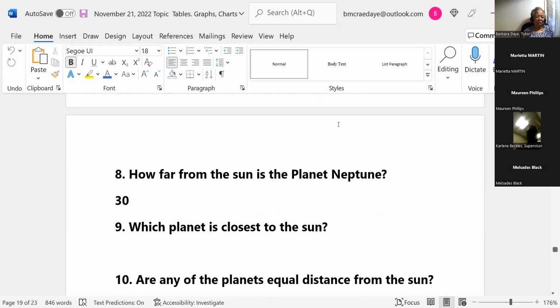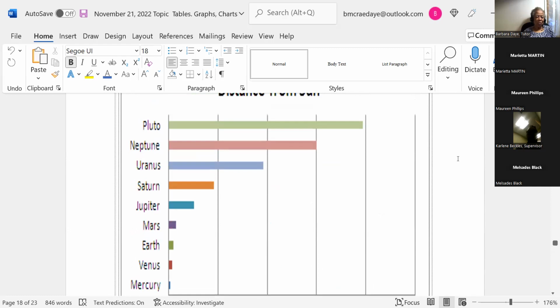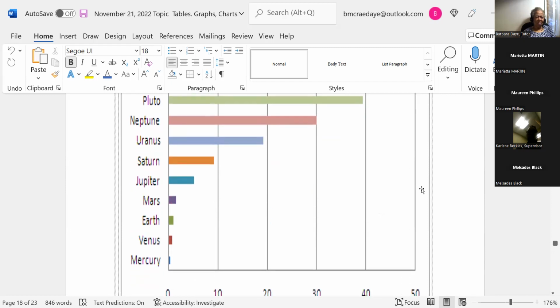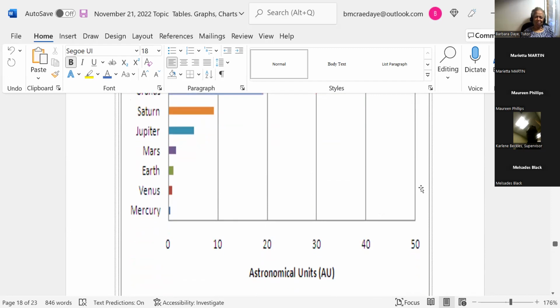Which planet is closest to the sun? Let's go back to our graph. Which one is closest to the sun? Mercury, right here.